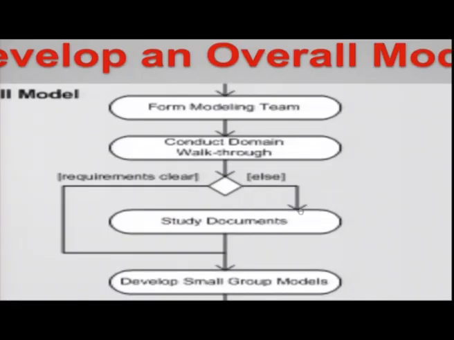Not all projects will have a clear set of requirements, because people go in for agile software development itself when the requirements are not clear and when they want a fast paced project. So, if the requirements are clear, the group will be allowed to create small models, or if the requirements are not clear, then they have to study the document.